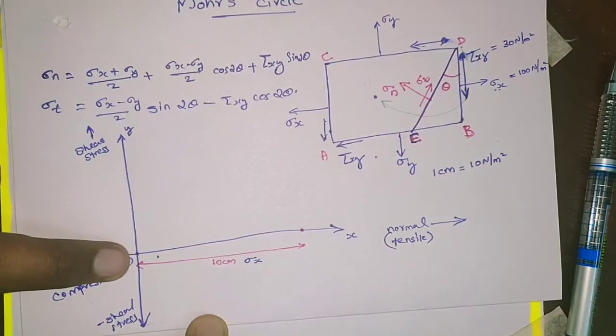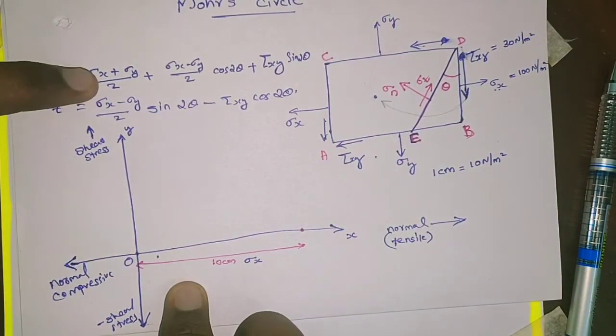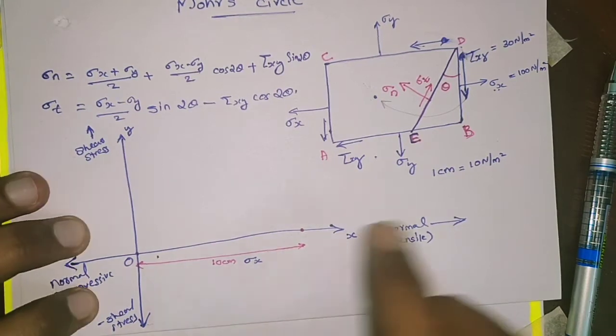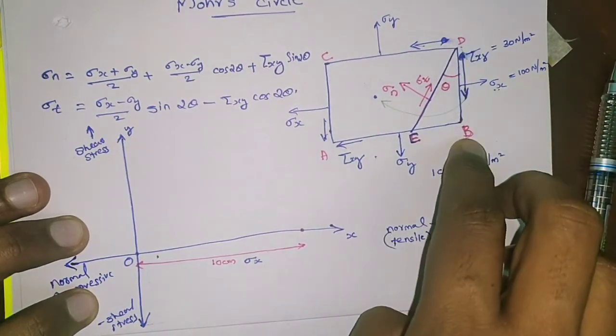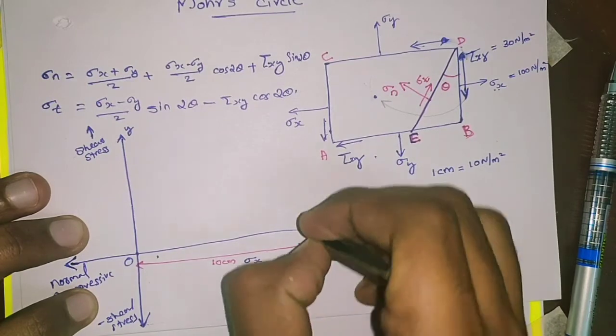So we should draw this positive tau xy in the positive y direction, because the y direction represents the shear stress. And we know this tau xy is acting on BD. So the next point will be from here.